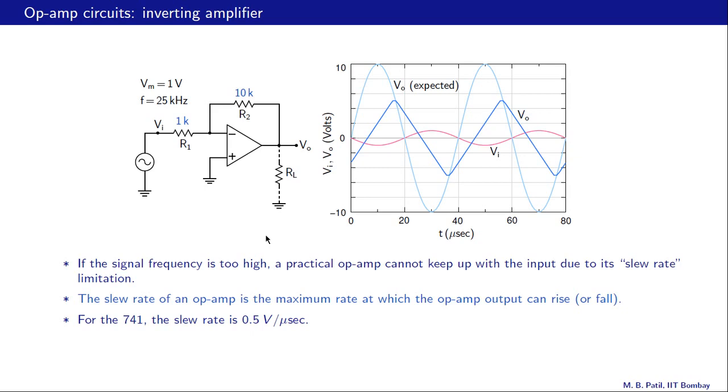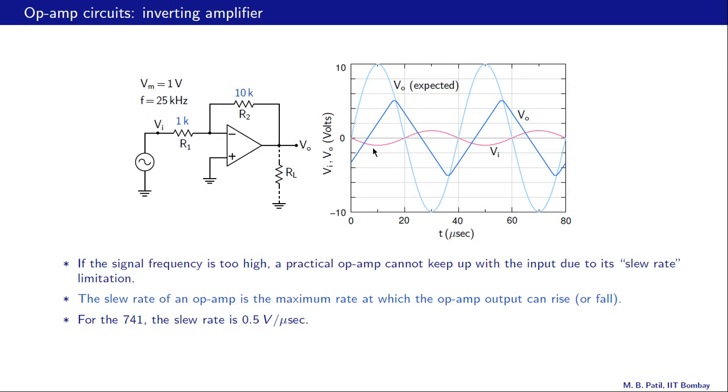Here is an example. It is the same circuit that we saw earlier. R2 is 10K, R1 is 1K, so the gain is minus 10K by 1K or minus 10. Vm is 1 volt. And the frequency now is higher, it's 25 kilohertz. 25 kilohertz corresponds to a period of 40 microseconds. So that is one period.